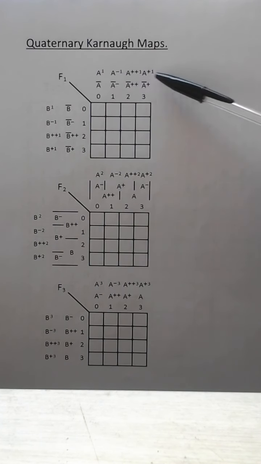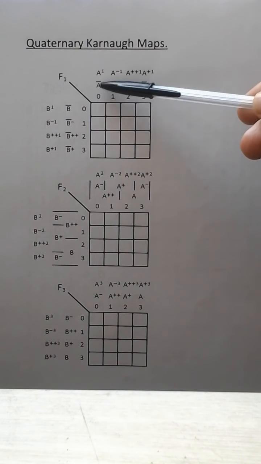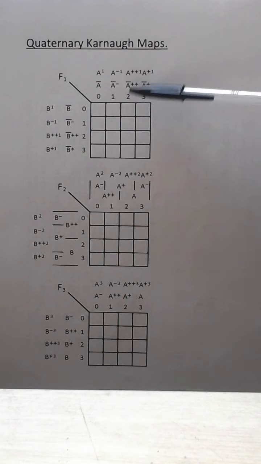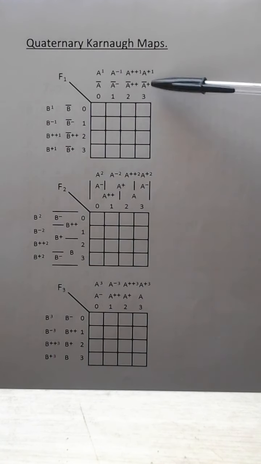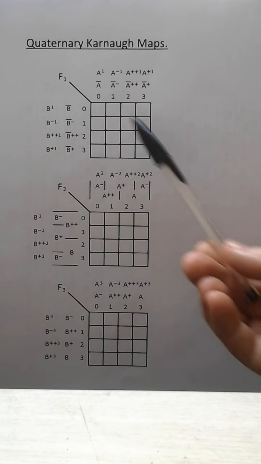Same thing for B. I'm using not A because if this is not A, then these three columns must be A. Similarly, if this is not A minus, then these three columns must be A minus. Similarly for A plus not, these three columns, and A plus these three columns. Same for B, just with rows instead of columns.